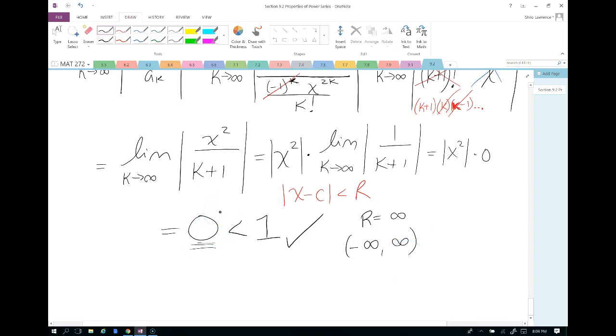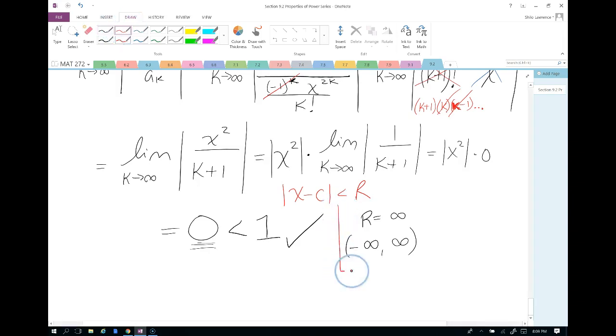No matter what we plug in for x, that limit is always going to be 0, and 0 is always less than 1, which means this series is not convergent or divergent depending on the x value. The series is always convergent, not only on particular x values, but always.